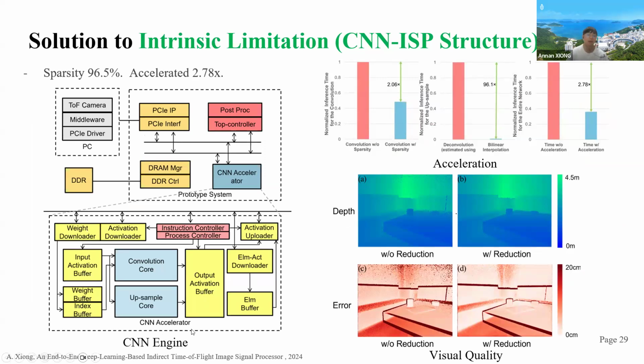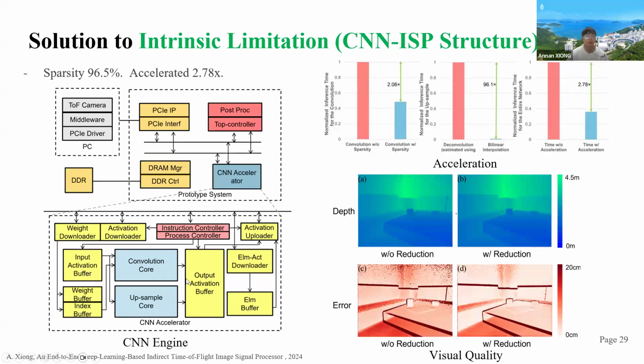In detail, our CNN engine is shown in this figure. For the prototype system, a CNN accelerator together with some peripheral circuits is included. In the CNN accelerator, it contains the controllers, buffers, and the computation cores. These cores are mainly for convolution and upsample.